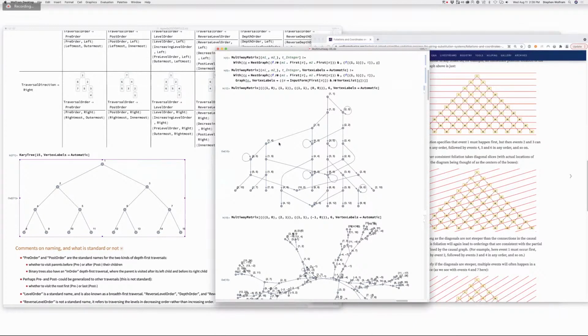So like in a depth-first traversal, you could conceivably be doing each child in parallel, or in a level order, you could be doing each level in parallel. I think so. Yes. In a tree, there's a lot more you can do in parallel than in a general DAG.